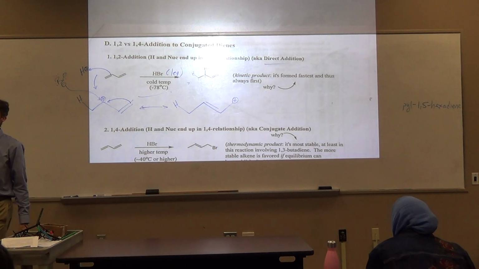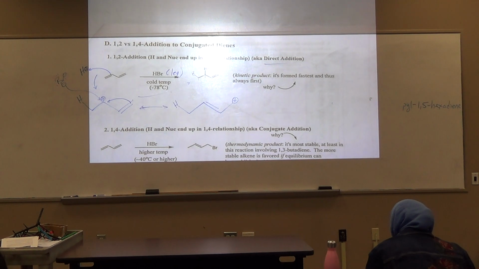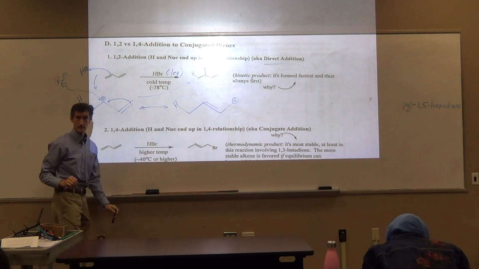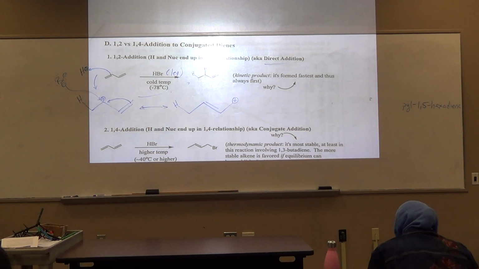You don't actually have to show resonance to get the product up there. Why did I show resonance? Because it's there. I could have done this mechanism without showing that structure, but then I would have glossed over the fact that it's a resonance stabilized cation. Let's move ahead. Some of these questions will become more clear when we do down below.